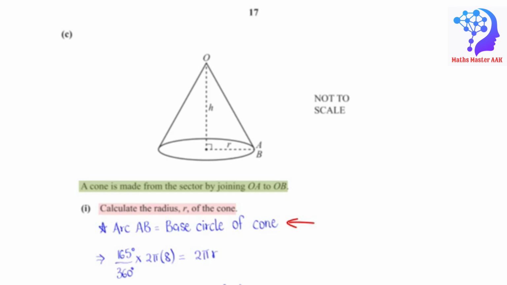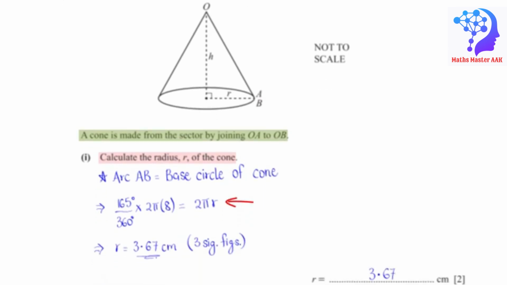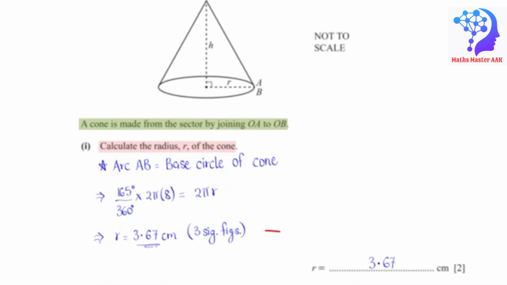And so we can find the arc AB by 165 degrees divided by 360 degrees times 2 pi times 8. And the base of the cone, which is a circle, is 2 pi r. When we make r the subject, we have 3.67 centimeters, correct to 3 significant figures.